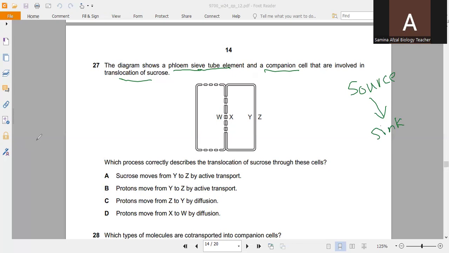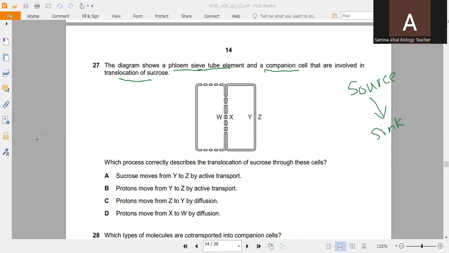The sieve tube elements are connected end to end in the form of long tubes, and they have sieve plates as was shown in the last MCQ, and the companion cells are associated with the sieve tube elements and perform various metabolic functions including loading and unloading sucrose.